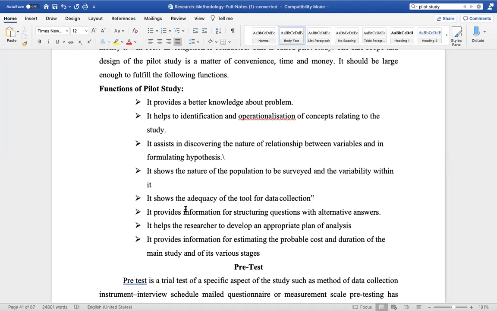So it shows me if my questionnaire or interview schedule or my observation method is full enough or adequate. Is it covering all the aspects that I want to study? If I'm missing out one or two things here, then for the final study I may be able to include that particular aspect also, which I had missed out.